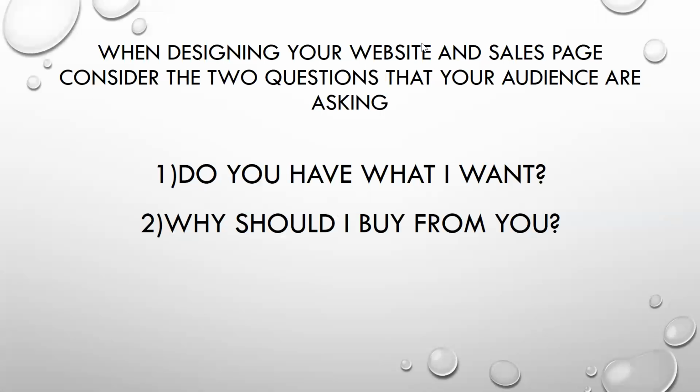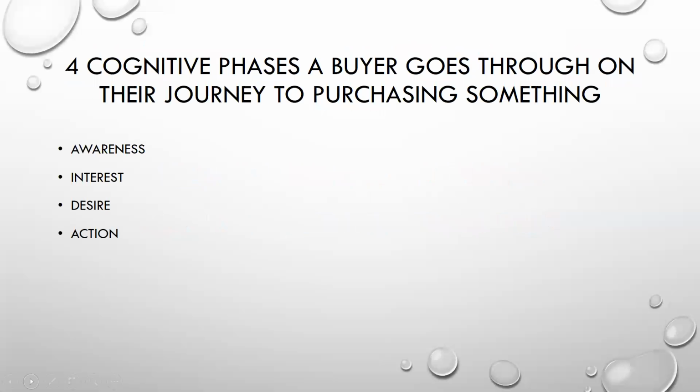These are the questions that your audience are asking when they're looking at your website or your sales copy. Do you have what I want? And why should I buy from you? So what is it that makes you unique? What's the value in what you're offering? This is a recurrent theme that you always must consider when you're writing your sales copy.